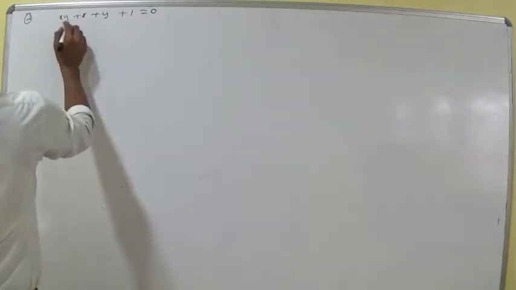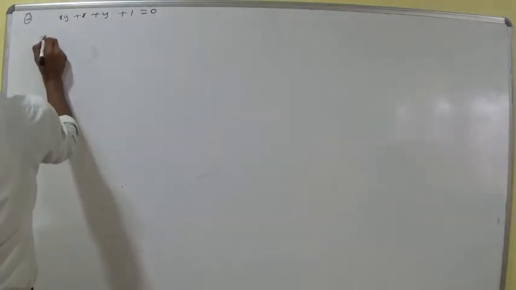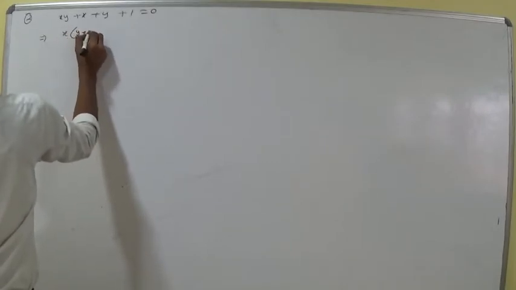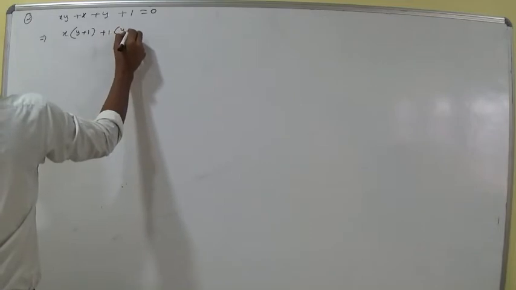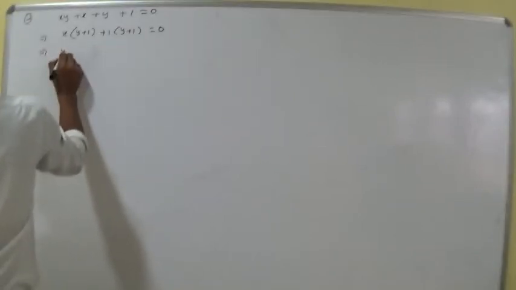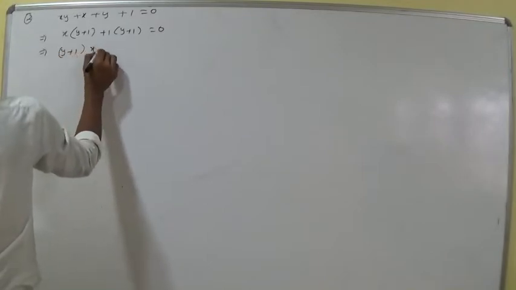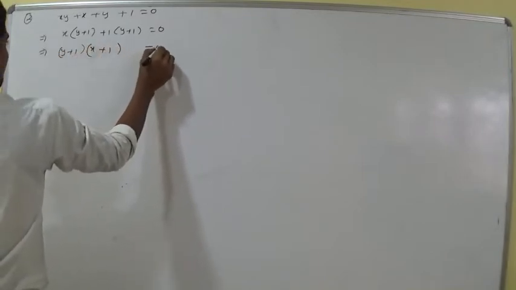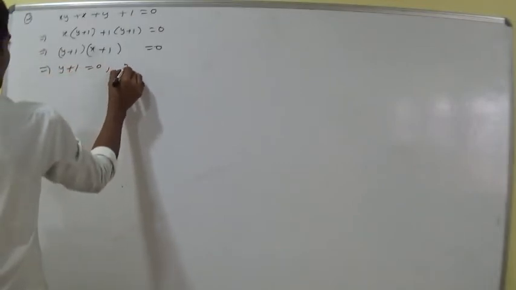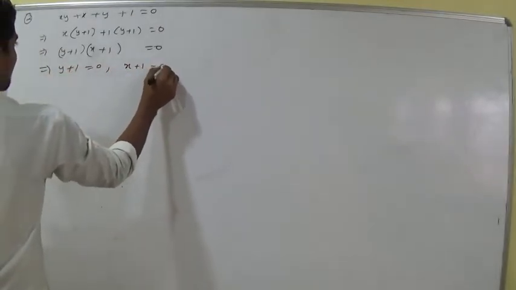here, see, take x common, y plus 1, plus 1 common, y plus 1. y plus 1 as common, x plus 1. That implies y plus 1 is equal to 0, x plus 1 is equal to 0.